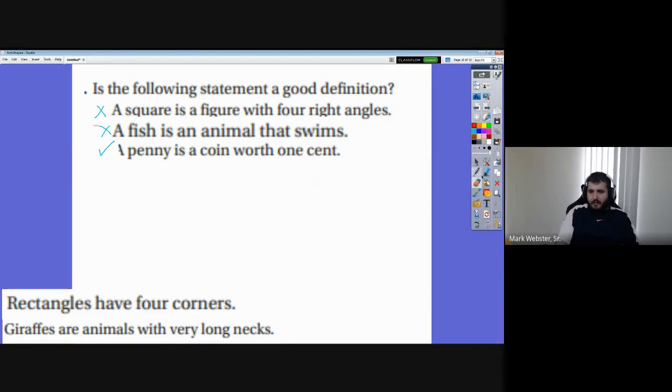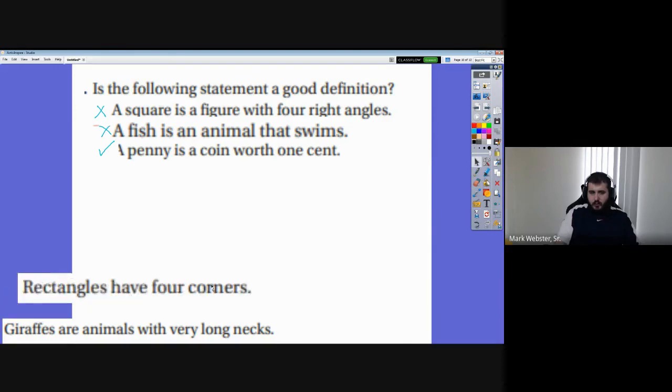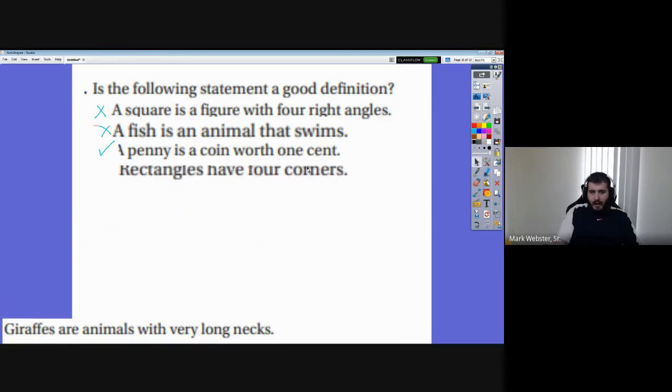Let's look at our next one. Rectangles have 4 corners. Well, that is true, but there are plenty of other things that have 4 corners, right? I could draw lots of different things with 4 corners, some of which are rectangles, some of which aren't, right? 1, 2, 3, 4 corners, definitely not a rectangle, right?